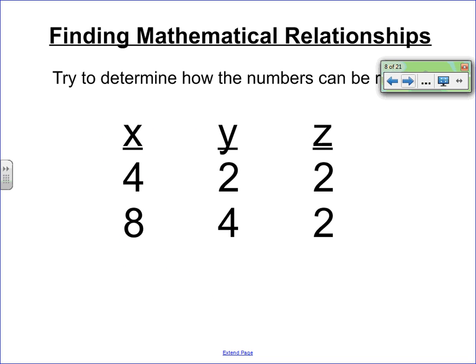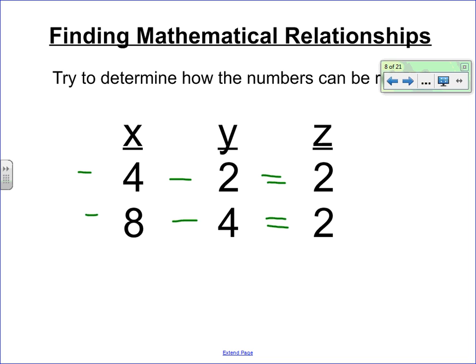Okay. What if we did it with two sets of data? Now I'll tell you the trick here is that whatever we make this one be, the second one also has to be true. So if it's true for the first one, it's true for the second one. Like for example, what we can see is like, okay, well, we can do 4 minus 2 equals 2. But what that would have to mean is that 8 minus 4 would have to be 2.